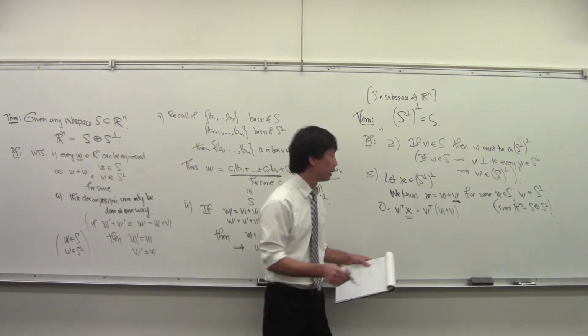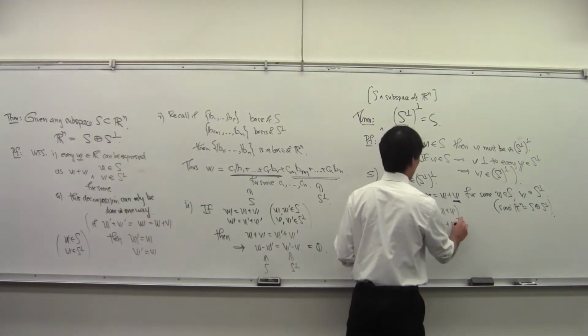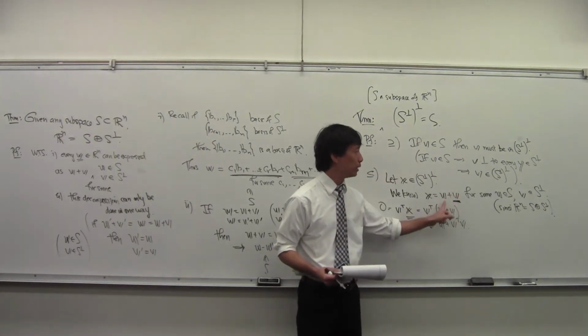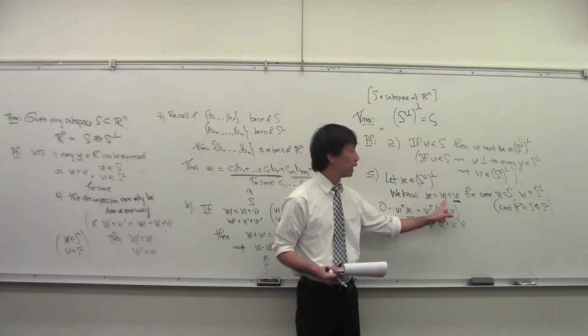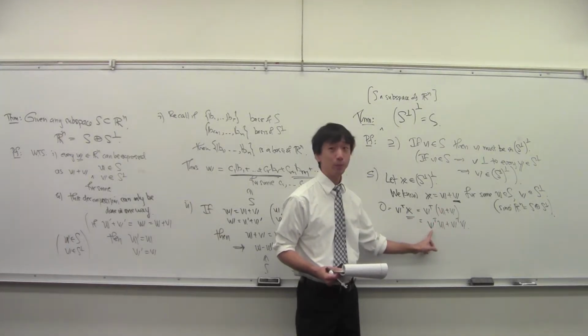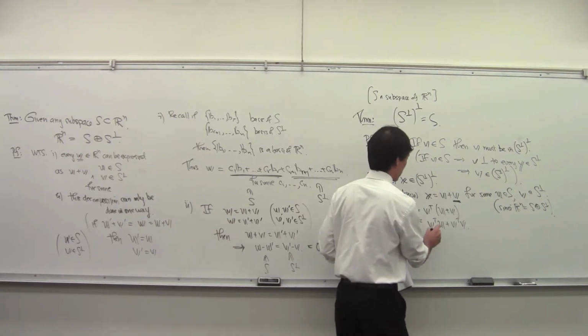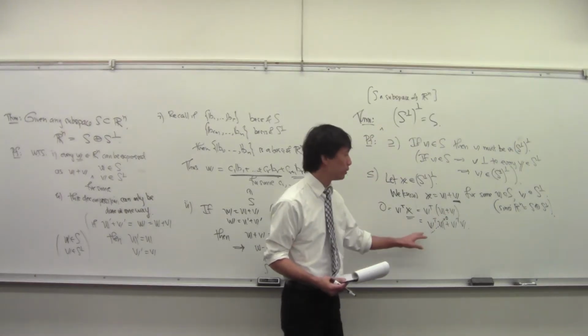This x is u plus v, so I get v transpose u plus v transpose v. But remember u is in S, and v was in S perp. So this is also 0.